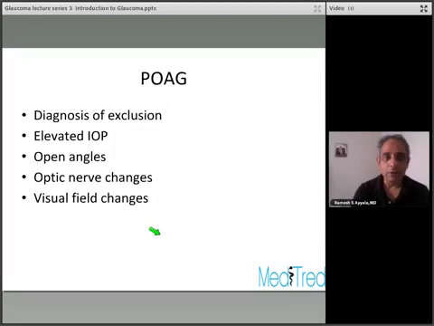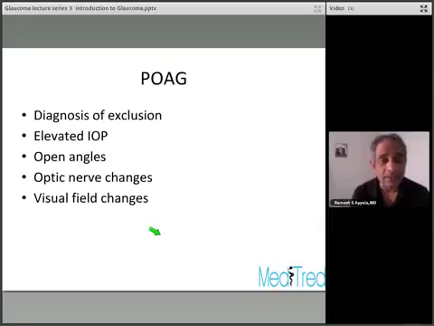Okay, POAG, or primary open angle glaucoma, is a diagnosis of exclusion. You have to exclude every other condition before you label the patient as primary open angle glaucoma. In this part of the world, primary open angle glaucoma is the most common variety of glaucoma that we see, and it's based on intraocular pressure measurement, elevated intraocular pressure, open angles at all times.